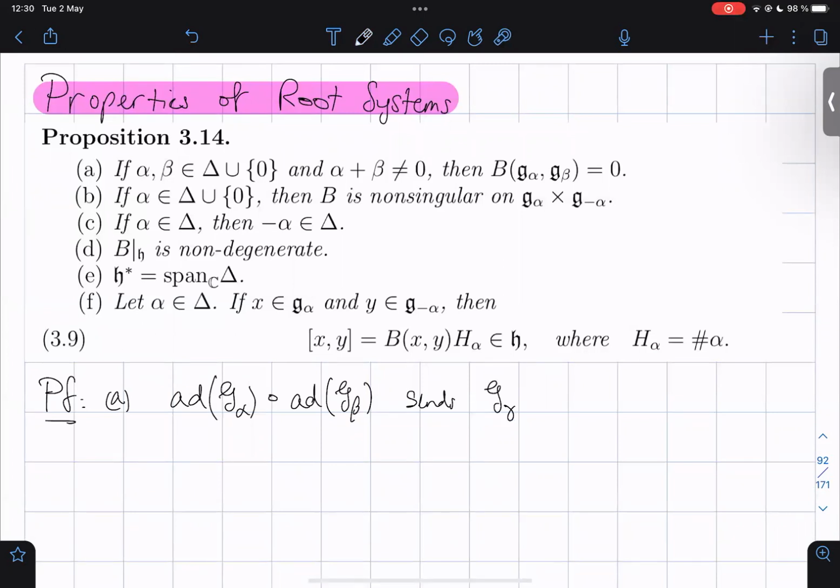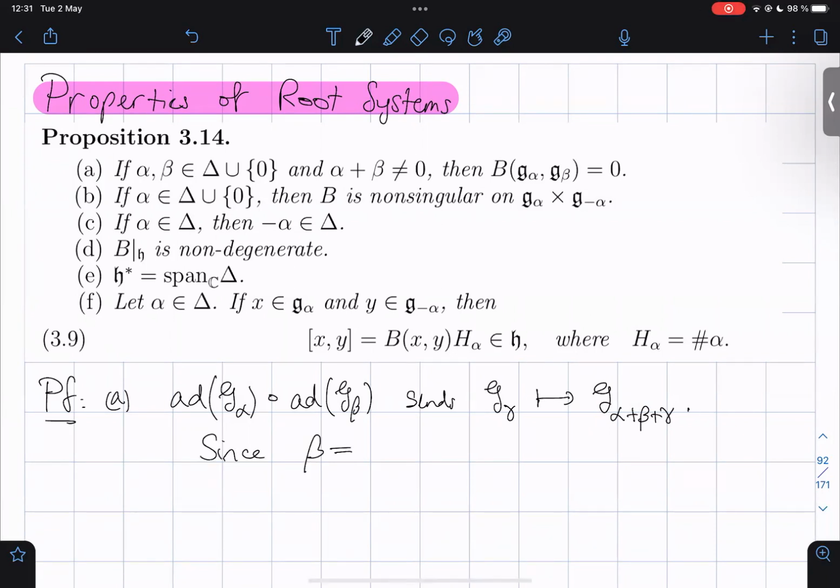It sends somebody in the G gamma root space, bracketing with something in the G beta root space and bracketing with something in the G alpha root space, and you land somewhere. If this is going to make a contribution to the trace, you want it to land in gamma itself. So if beta is not equal to alpha, you're somewhere else, and you're not going to get any contribution to the trace.